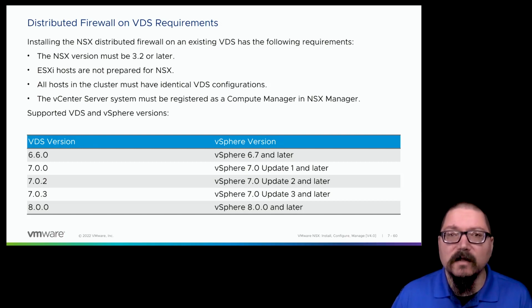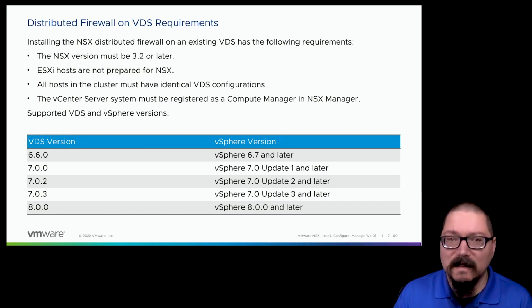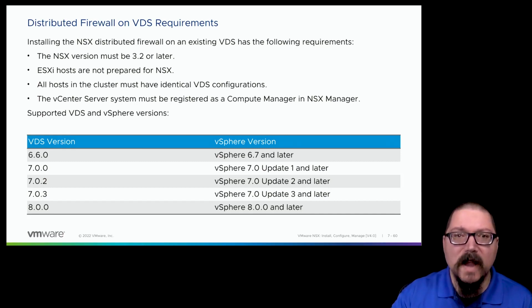This solution is for greenfield environments only. In other words, clusters that do not have NSX installed, right? There's no NSX on this cluster, and I want to prepare it for this security-only use case. That's what we mean by hosts not being prepared, or greenfield.